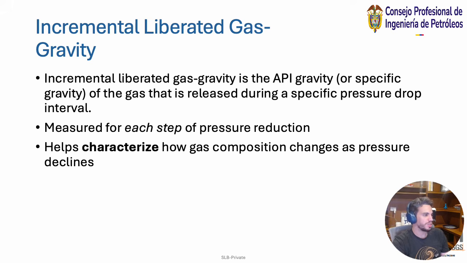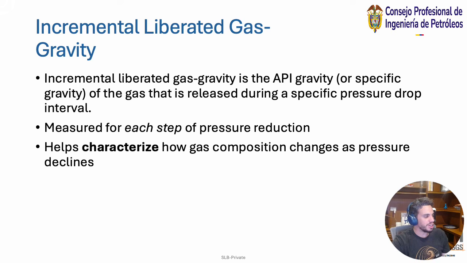And now we can move on to the incremental liberated gas gravity. Here, when we're talking gravity, we're talking API gravity, and it's basically the specific gravity of the gas that is released during a specific pressure drop interval, and it's measured for each step of pressure reduction.